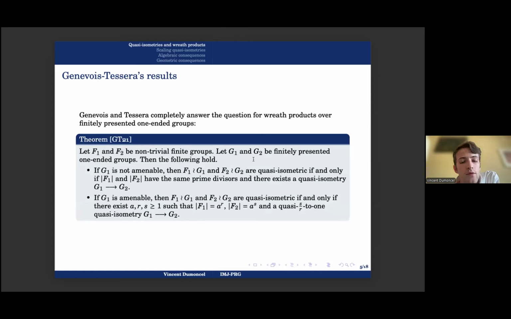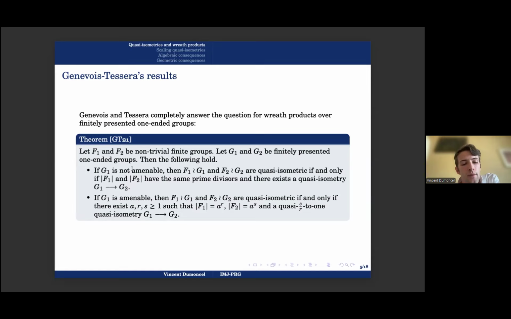And the base groups, they also assume that they are finitely presented and one-ended. These two assumptions are a bit restrictive. There are cases that are not covered at all by the theorem, of course, but there are also many classical cases that were not covered earlier, and for which we now know a complete classification.